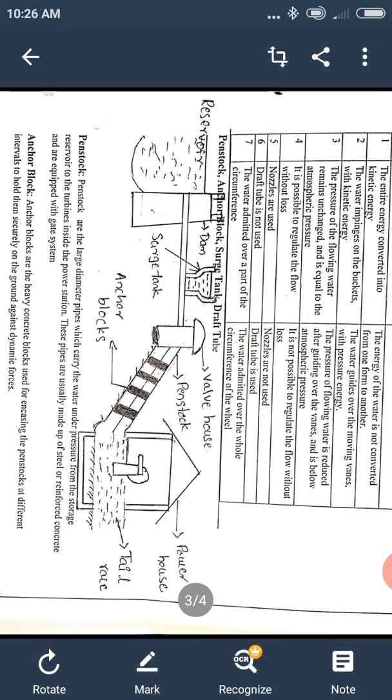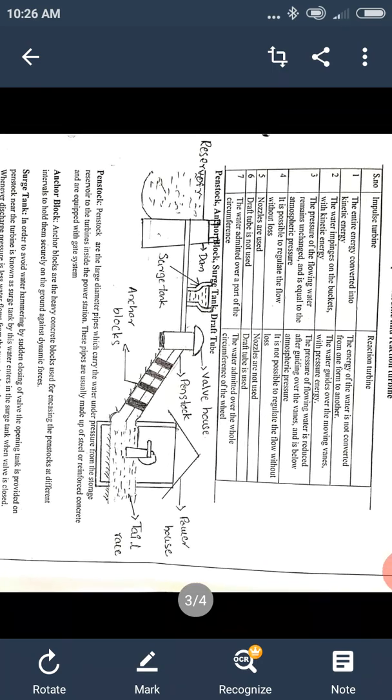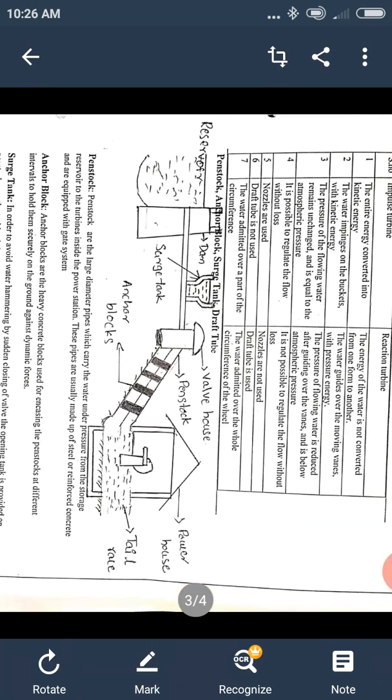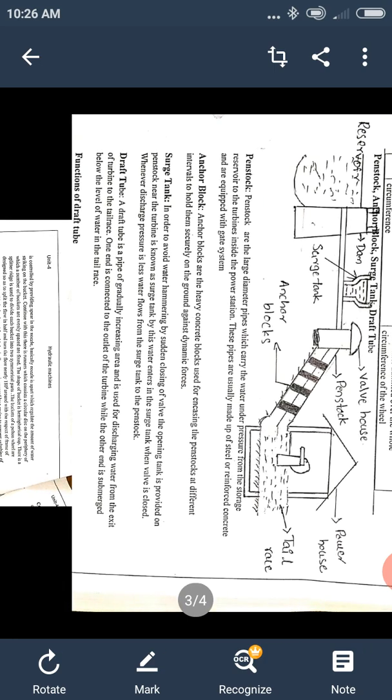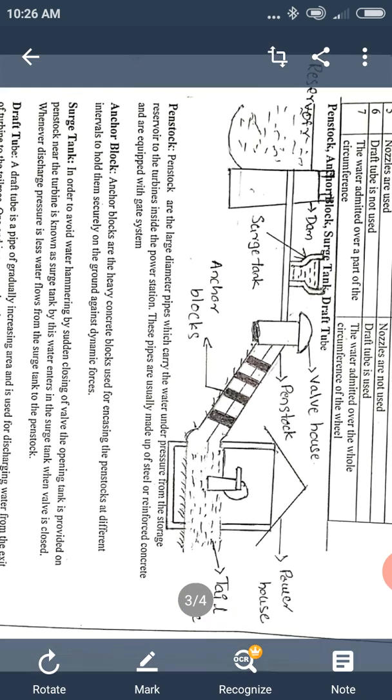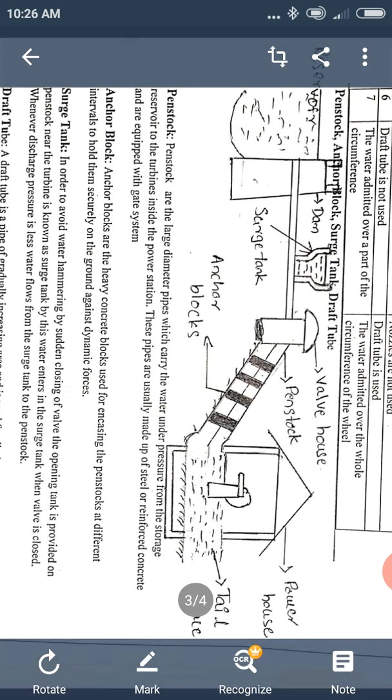Now these are the four important terms you have to understand: the penstock, anchor block, surge tank and draft tube. The penstock is a large diameter pipe which carries water under pressure from the reservoir to the power station.